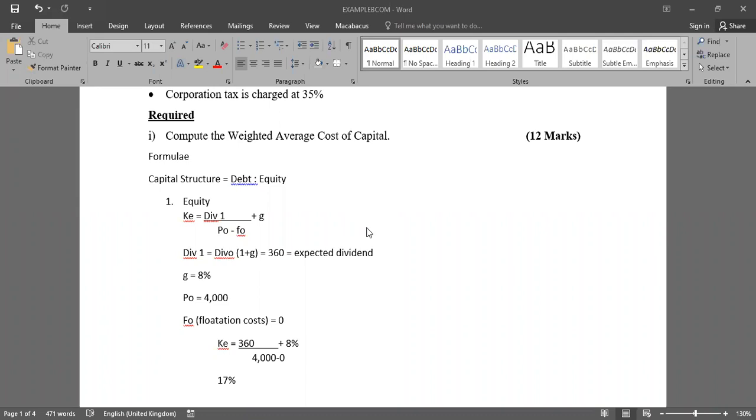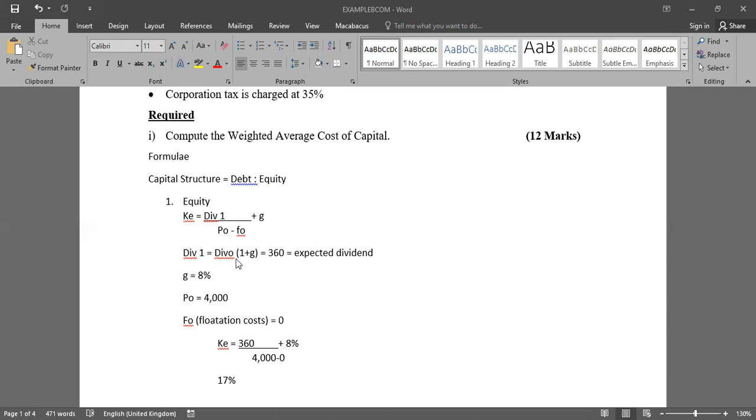Expected dividend means something you expect in the future, not now. So if they give you anything like we paid dividend or last year's dividend was this, that is div naught. That is past dividend, not the one that we expect or the future dividend. In that regard it's called div naught.